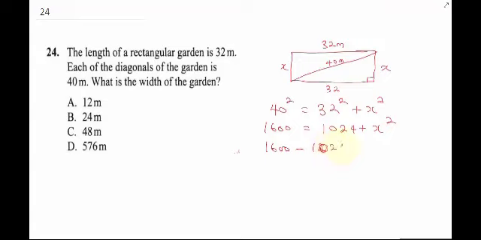So x square will be 1600 minus 1024, which is going to give us 576. So x is going to be the square root of 576. And the square root of 576 is going to give us 24. So that's our final answer. And the correct answer here is B.